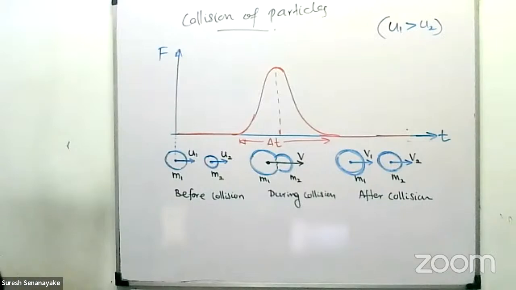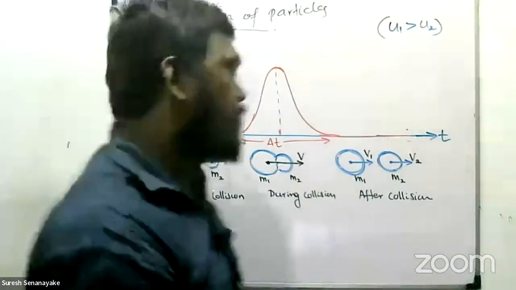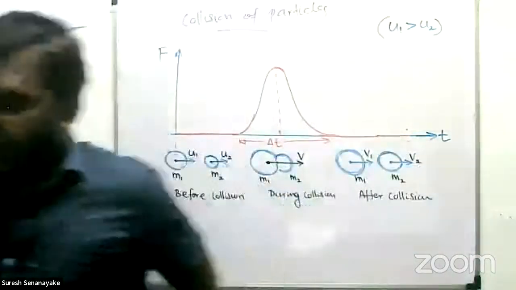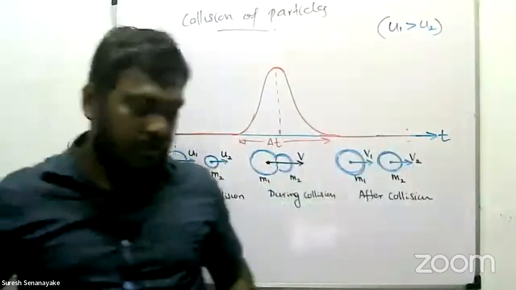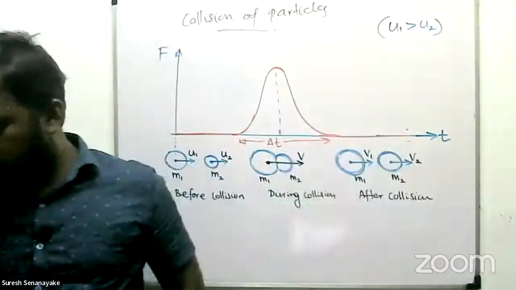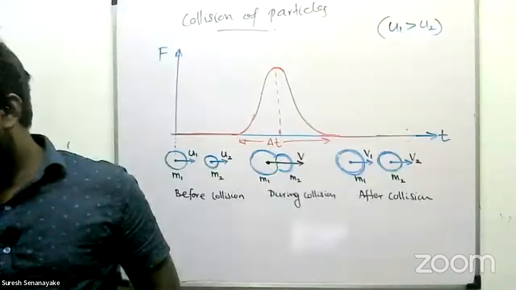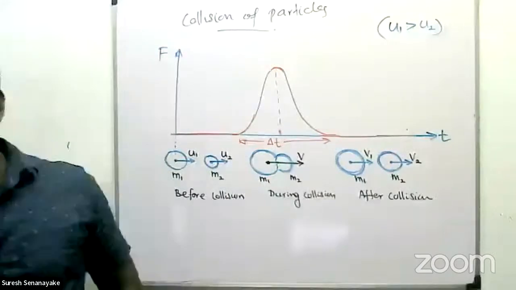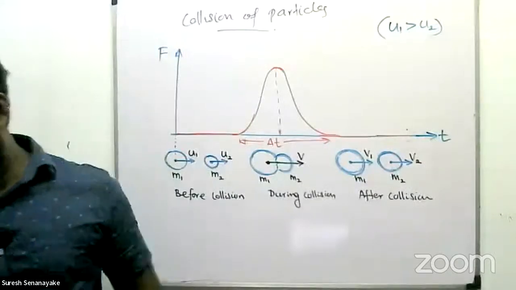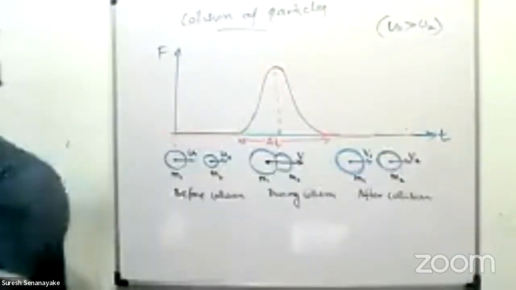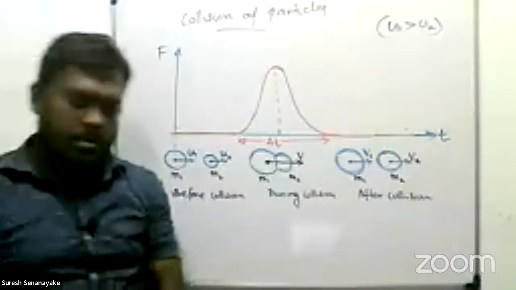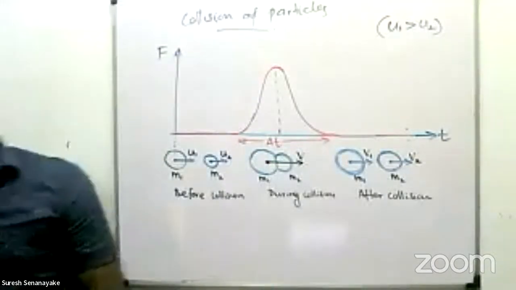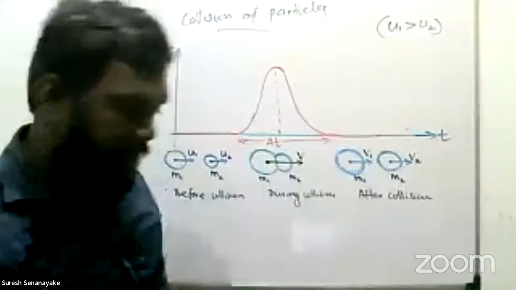During collision, the bodies in contact get deformed, and some part of their kinetic energy will be stored as elastic potential energy.